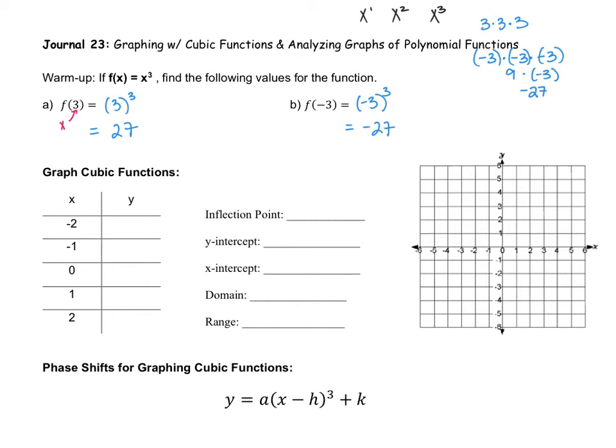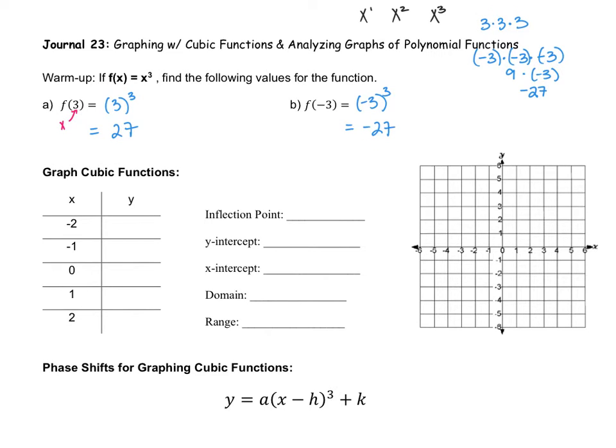But unlike squares, whenever you have a negative number and you're cubing it, you're always going to end up with a negative number because, well, there's an odd number of negative numbers. So when you took something to the third power, notice there are 1, 2, 3 negatives. That means you're going to end up with a negative number because when you multiply these two, it ends up being positive, but then you got to multiply with this guy that's negative, so it turns back into a negative number.